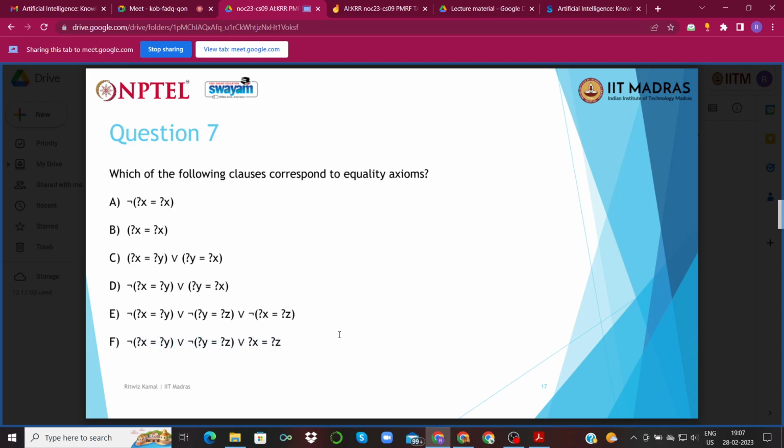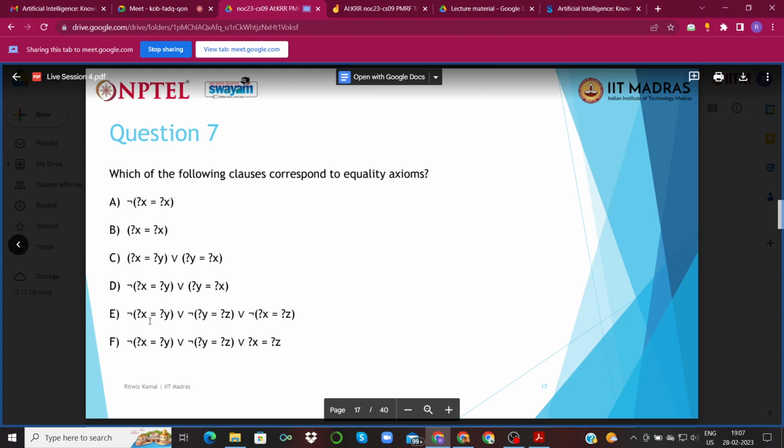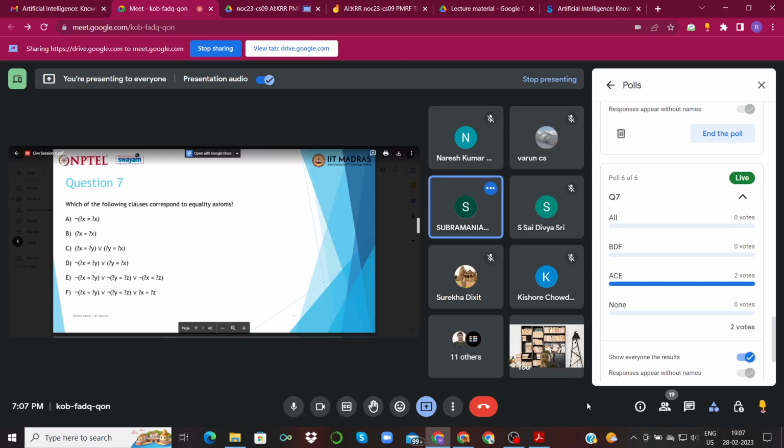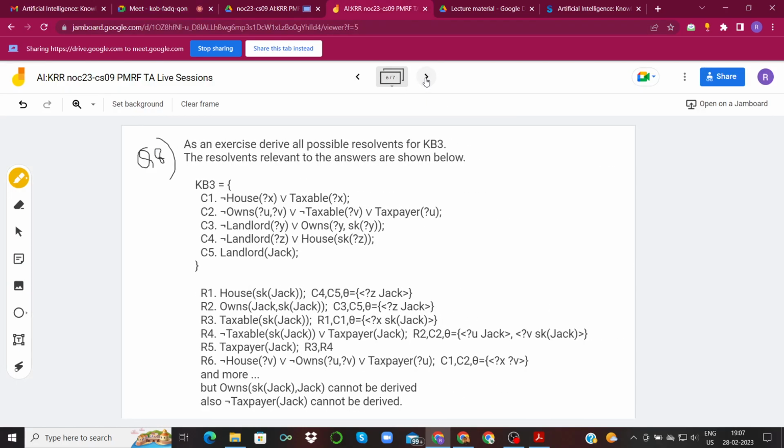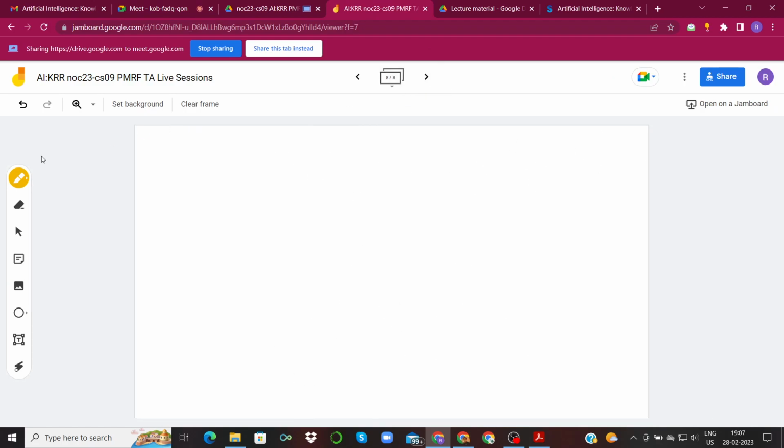Okay, and options C and E are not matching with any of the axioms, right? Give me a moment. I'll write it out for you.